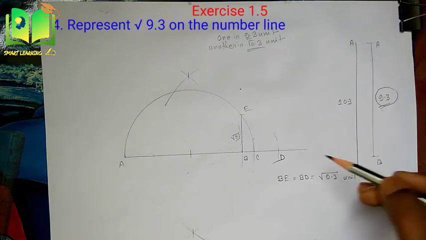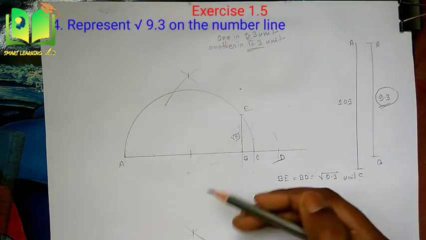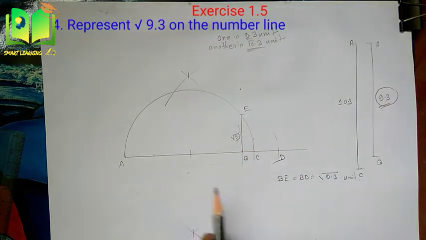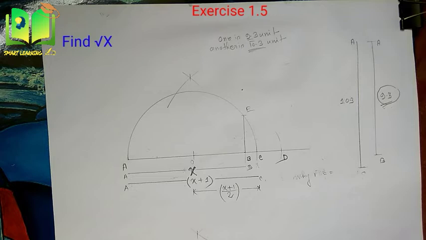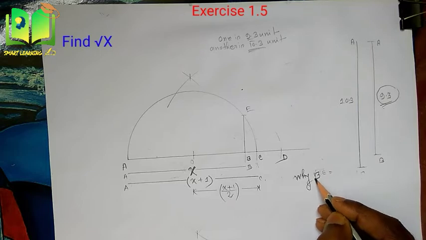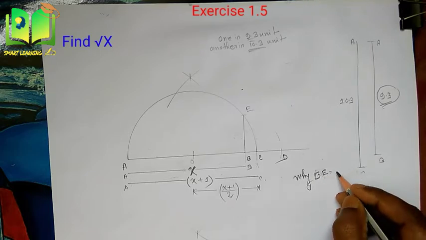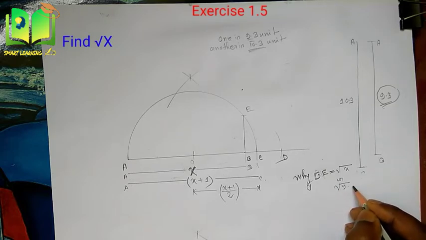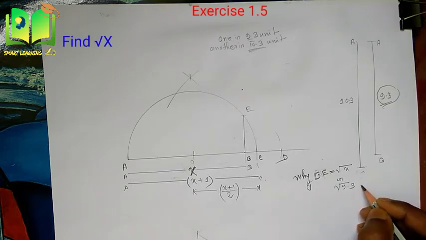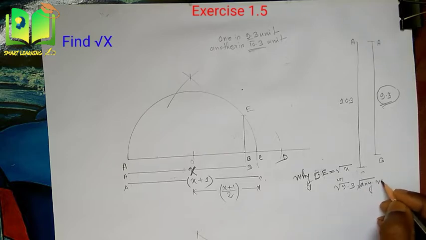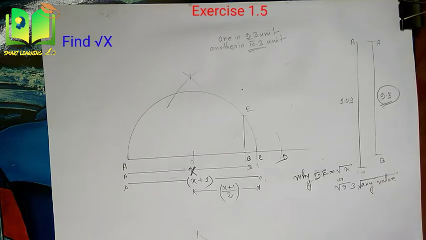I will explain now why it is root over 9.3. Consider this one as x. Now in this video I will explain why BE equals root over x or root over 9.3. Any value you can take, root over any value.